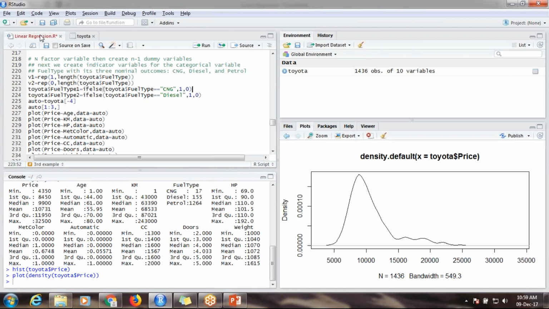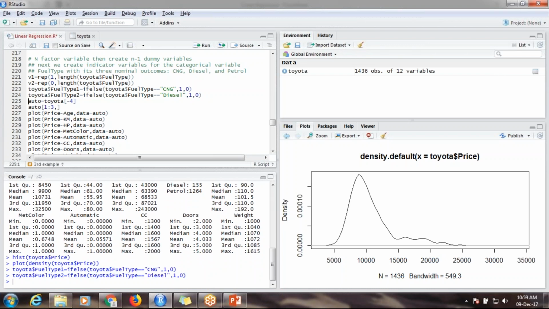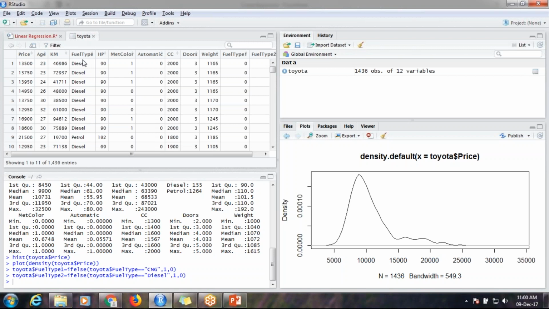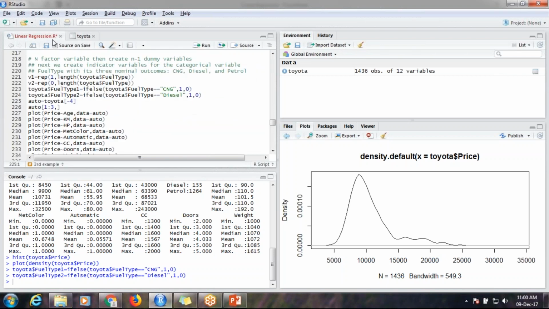So here, let me create this dummy variable. Here I flagged on the basis of my fuel type, this will be so and so. So fuel type 2, it is diesel, correct?